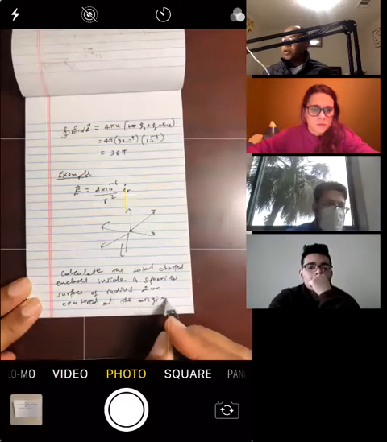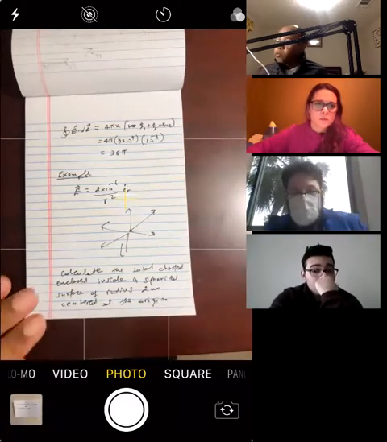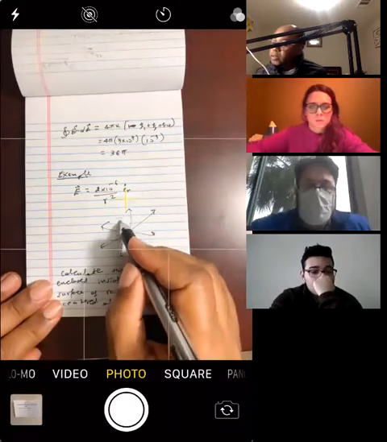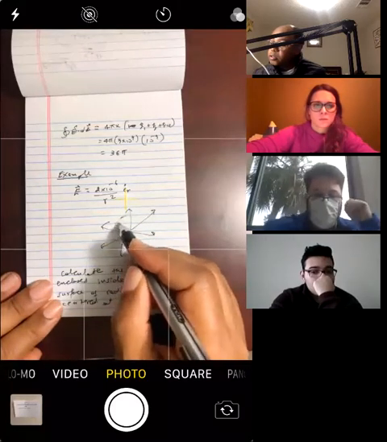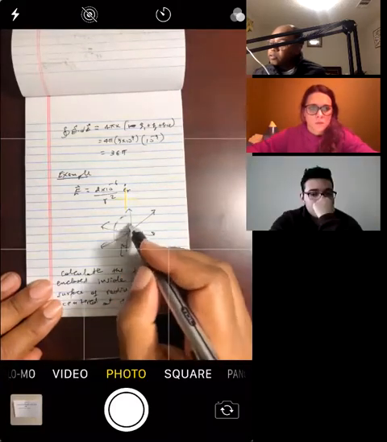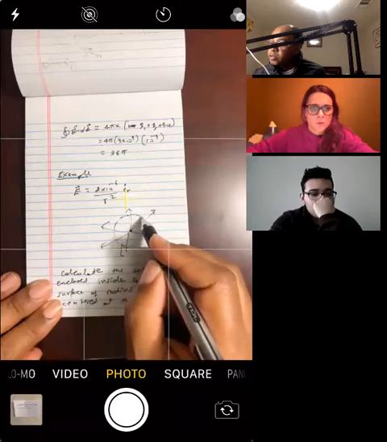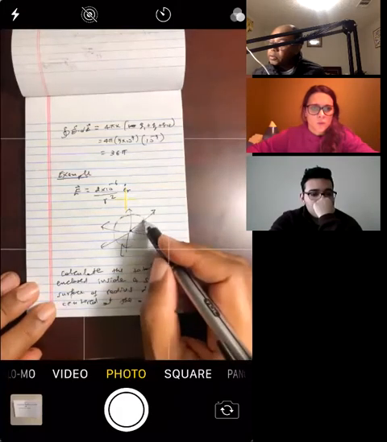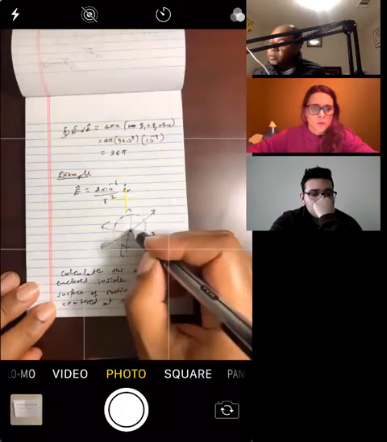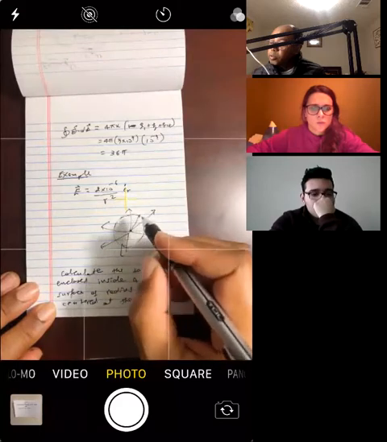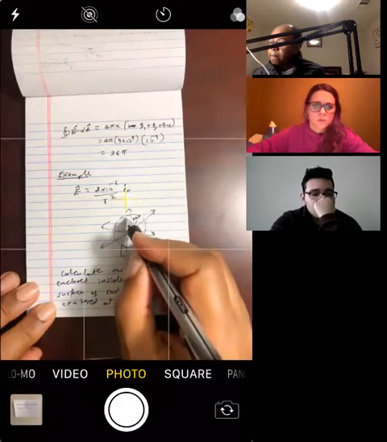Okay, so now we have the electric field. We want to calculate the amount of charge inside this surface over here, and its radius is 2 meters. So this distance over here is 2 meters. All right.